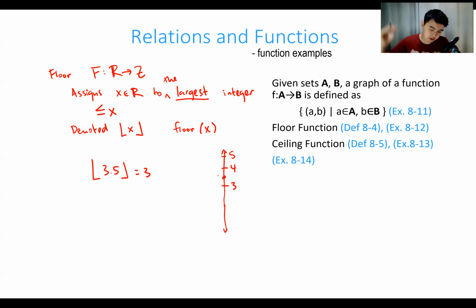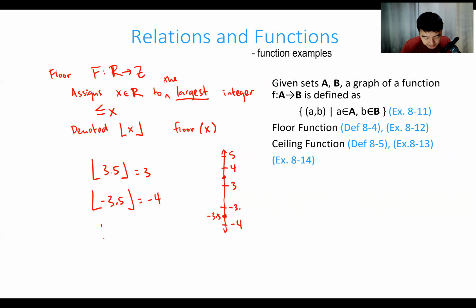Similarly, if I take negative 3.5, we have negative 3, then negative 4, and negative 3.5 is around there. So the floor of negative 3.5 is going to be minus 4. We're rounding down, once again, to the largest integer that's less than or equal to x.